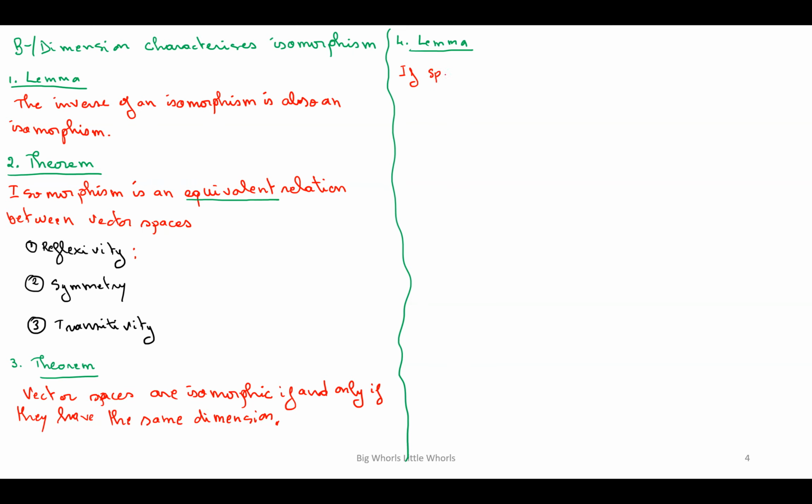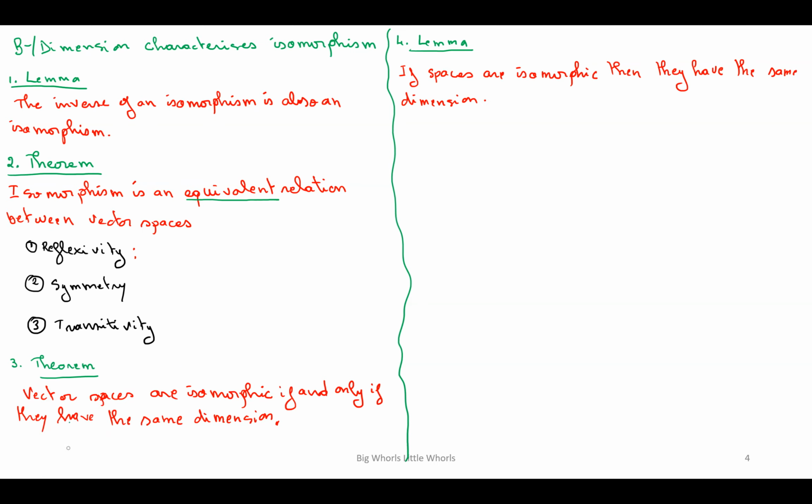If spaces are isomorphic, then they have the same dimension. Same dimension. It's good.